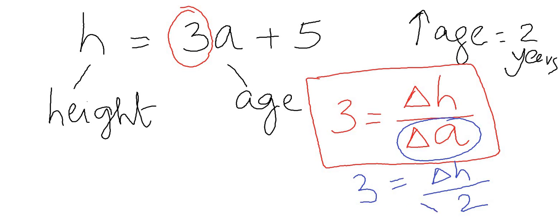So delta h then becomes 3 times 2, or 6. So really what this function is saying is that a change in age of 2 years gives you a change in height of 6. So this is a very useful and short and easy technique to solve a word problem on linear functions.